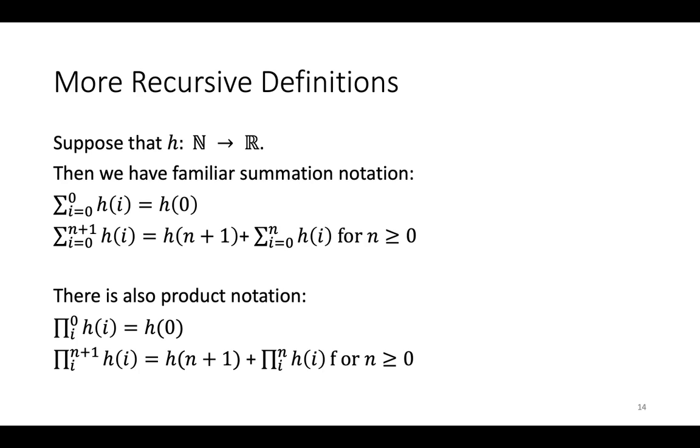So there is also product notation. At the beginning, h of 0 is equal to the product from i equals 0 to 2. I missed this initial setting here.